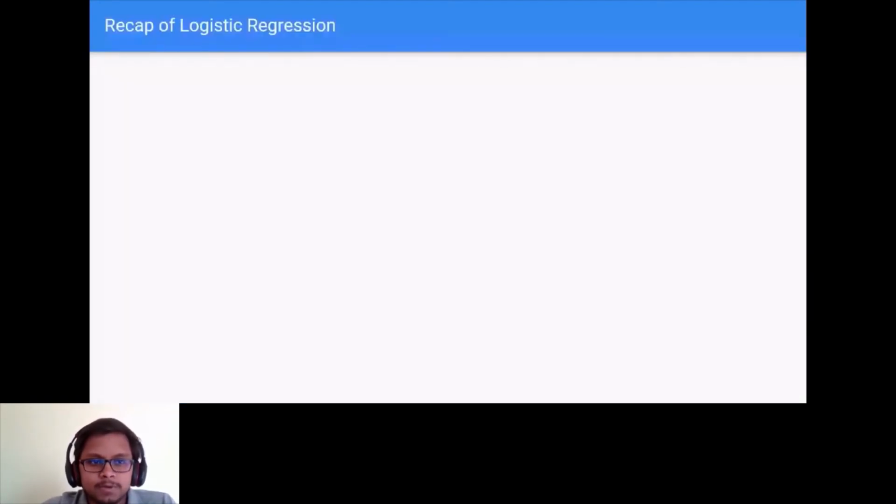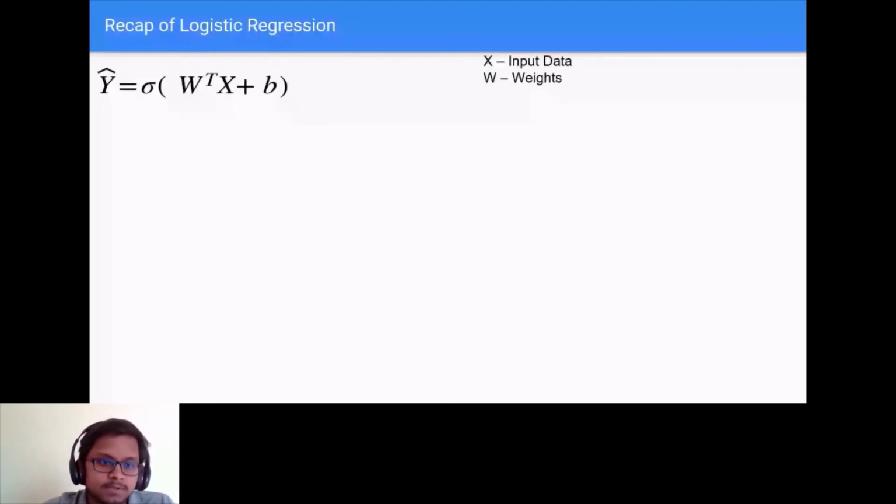Now, I hope you remember this equation we have here. The variables in this are our usual x for input data, w for the weights that we have assigned for the data, then we have our bias b, and then we have the sigma, which is our sigmoid function. This is what a sigmoid function looks like, by the way.